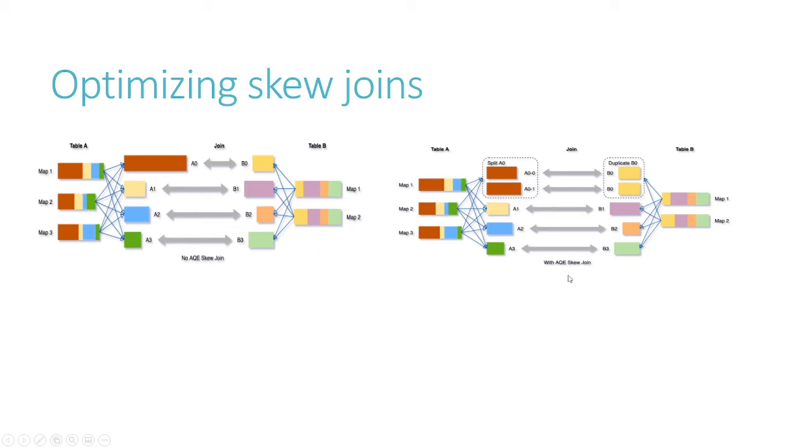And optimizing skew joins. In the previous Catalyst Optimizer, or the previous version of Spark, we would have to write some logic for optimizing the skewness. We needed to add some keys, and then repartition for the skewness.